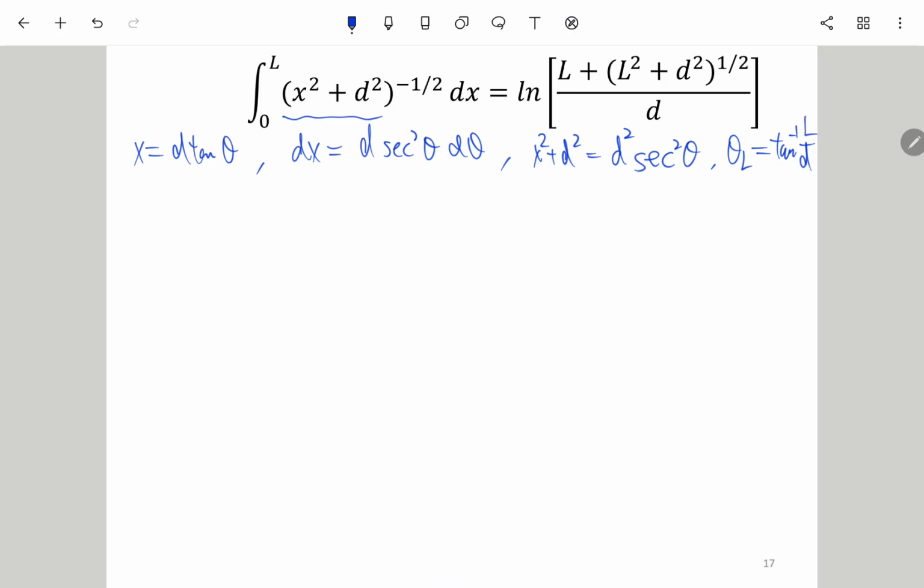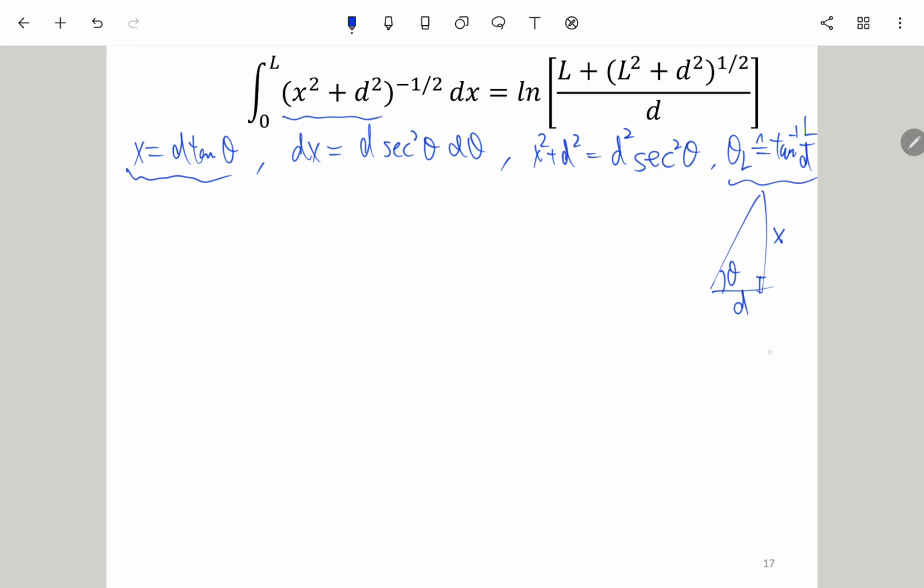Why do we assume a variable like this? Because here we just assume that x over d is tangent theta, which means this is theta, this is a right angle, and then this one will be x and then d.